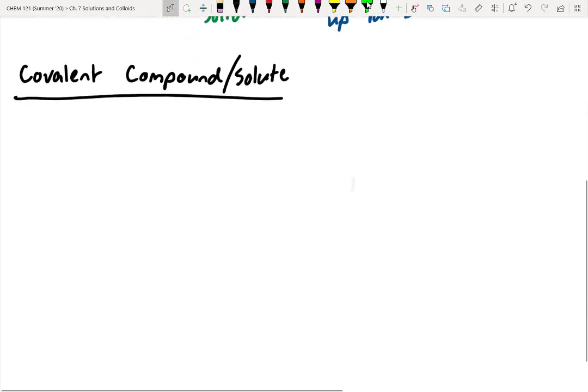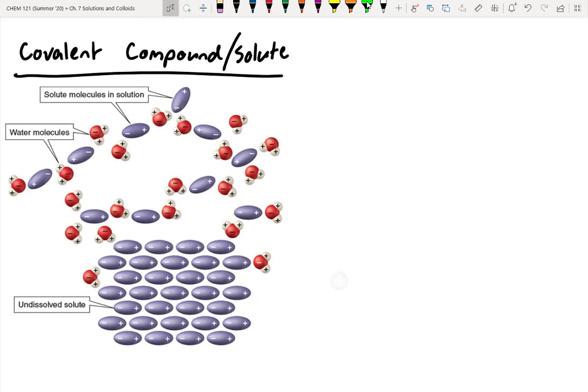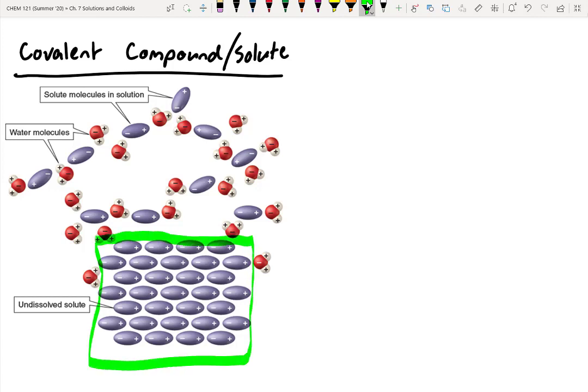Well, there's another really good image in our book. So let's pull that up. And down here, you can imagine that we've got something solid like sucrose. So this would be our solid covalent compound, or solute. Okay, same idea.